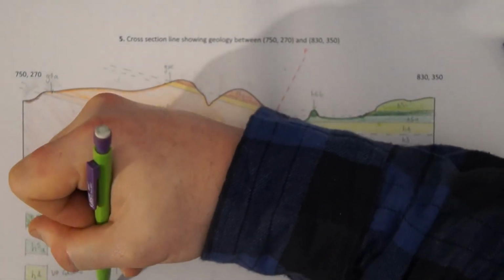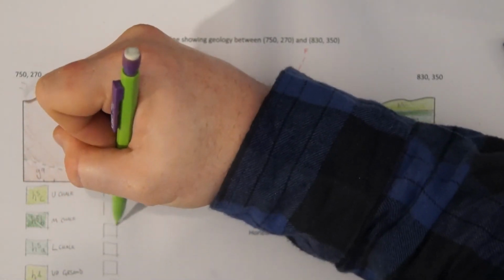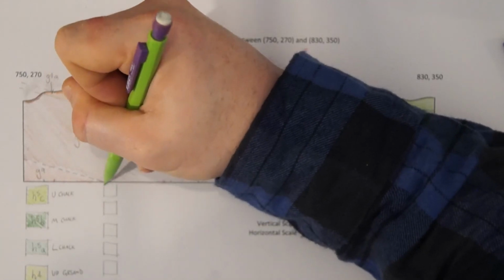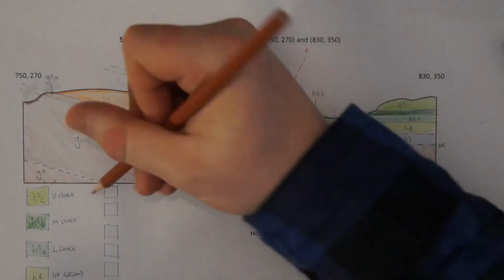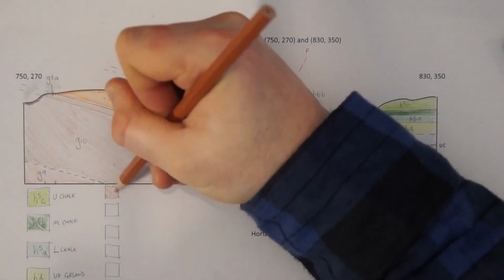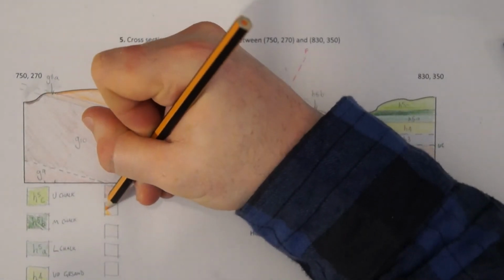And then here we can do the key for the Jurassic rock. So at the top of our Jurassic, we've got our G11F. Then we've got our G11E.